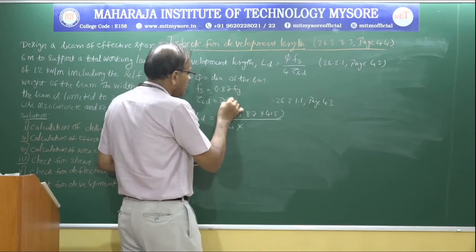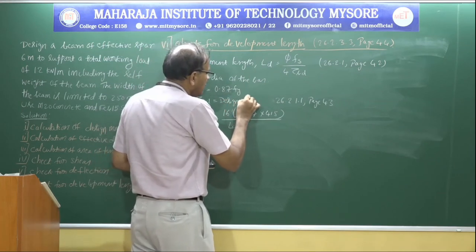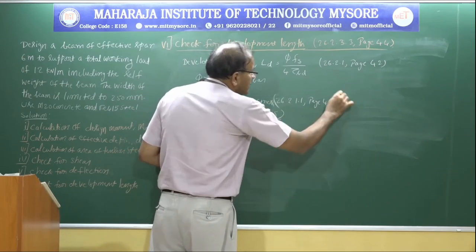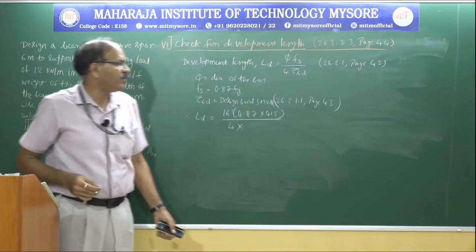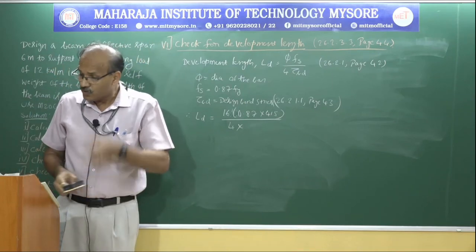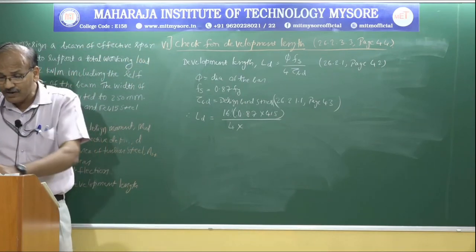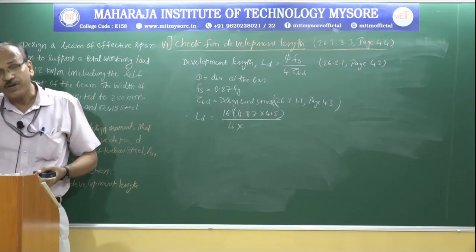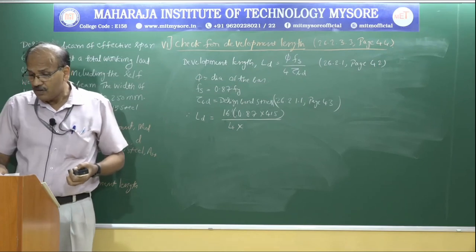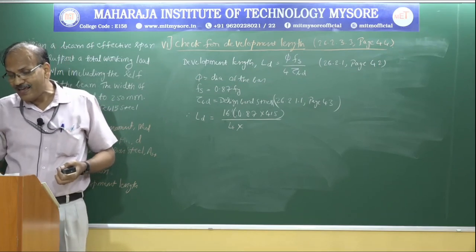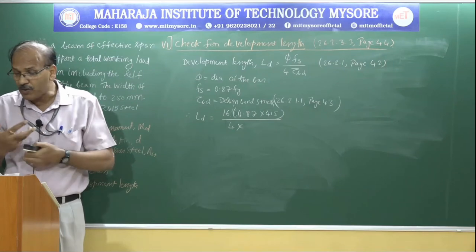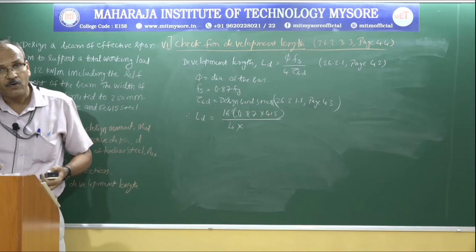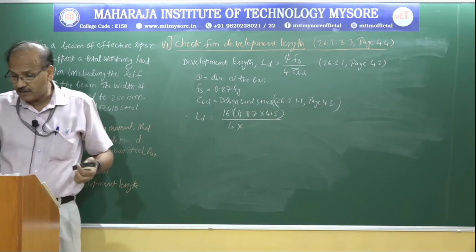This is obtained from 26.2.1.1, page 43. If you look at the top of page 43, it says for grade of concrete M20, M25, M30, etc., design bond stress tau Bd is given. For M20 it is 1.2 and M25 1.4, etc.